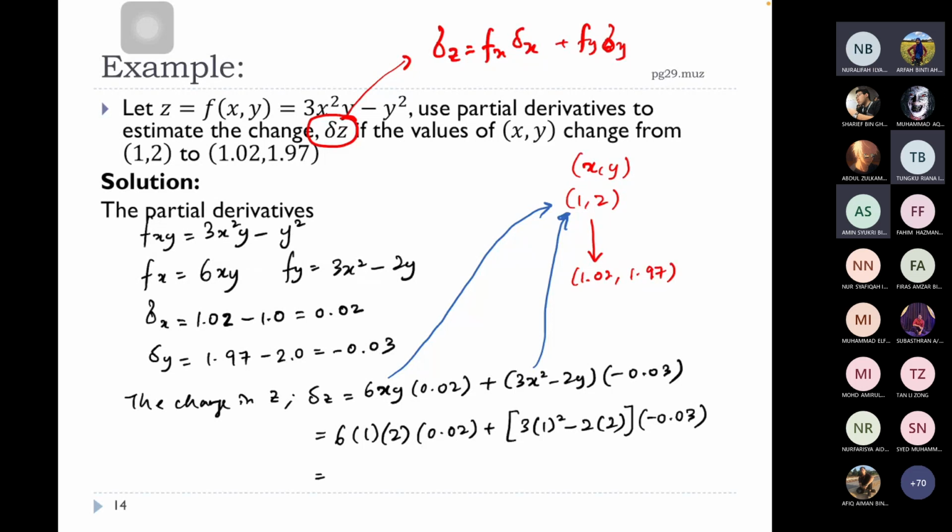So dapat jawapan dia 0.27. This is the changes in z with respect to the changes of x and y. But that is total differential. This is for two variable.